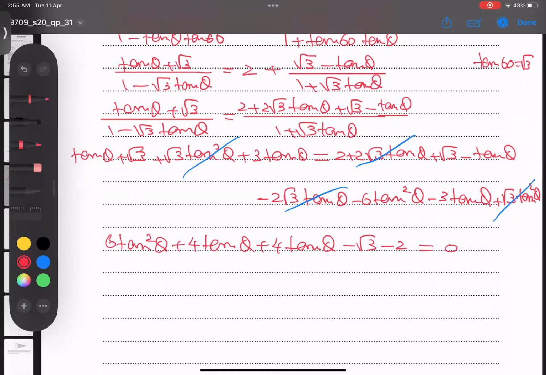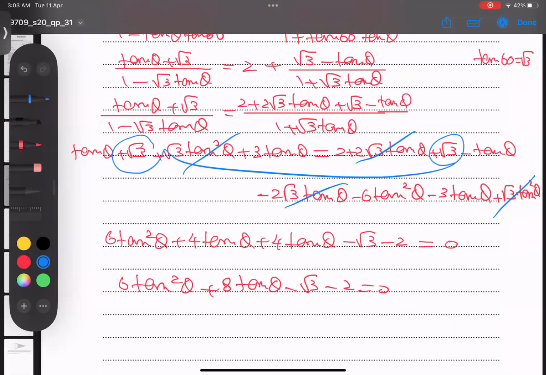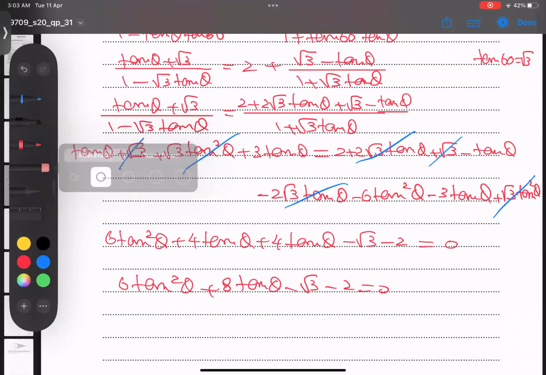All right, recheck. Okay. Now we can say that 6 tan square theta plus 8 tan theta minus √3 minus 2 equals 0. Now onwards, students, one thing I just observed: this √3 is still there. We have to cancel these also. So in this sense, what is left further?